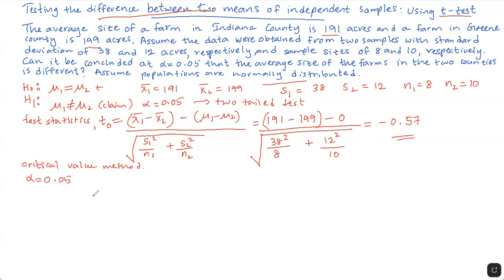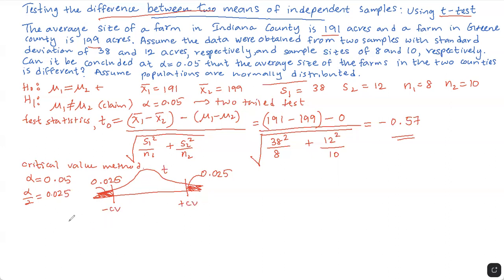So alpha is 0.05, but we have two tails in this problem. This is the t distribution, with two tails. Each tail area is 0.025 because alpha over 2 is 0.025. So you need two critical values, one negative and the other positive.